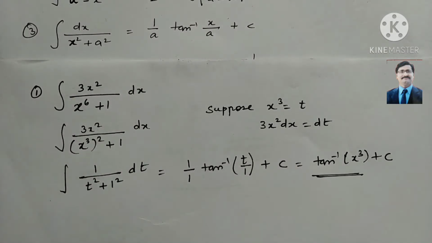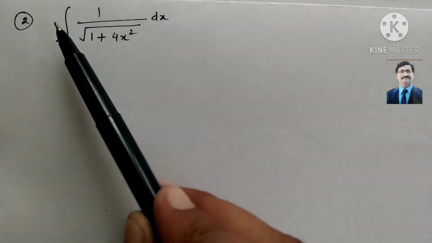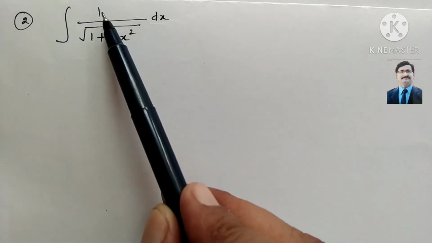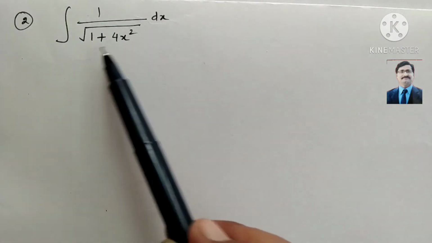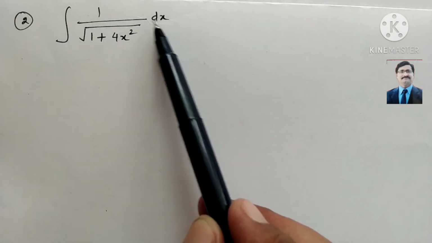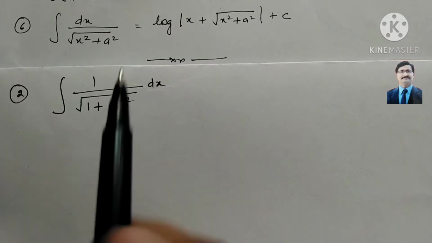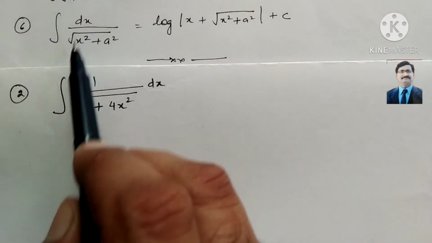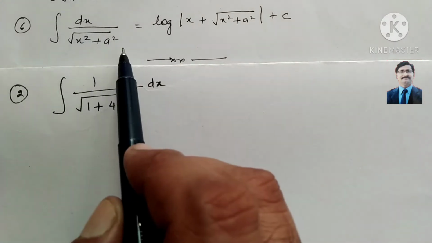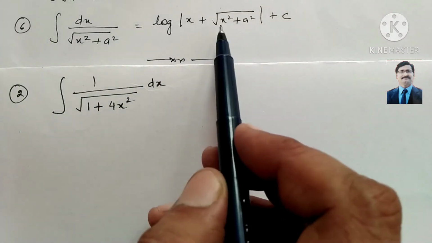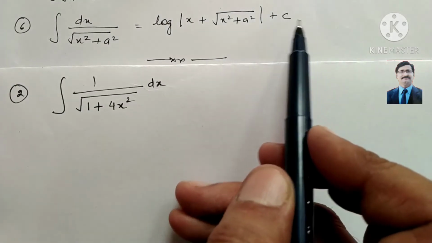All of you understand this? Look at this question, integral of 1 upon root 1 plus 4x square dx. In this question we use the formula integral of dx upon root x square plus a square equal to log x plus root x square plus a square, plus c.